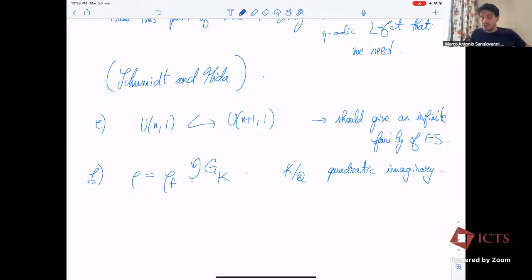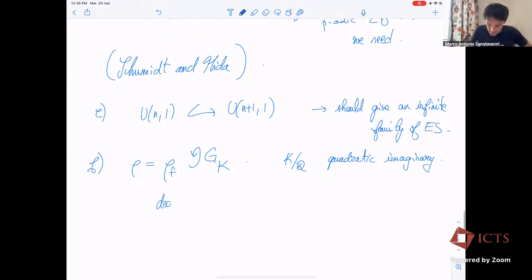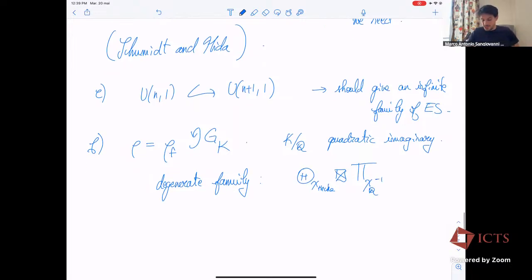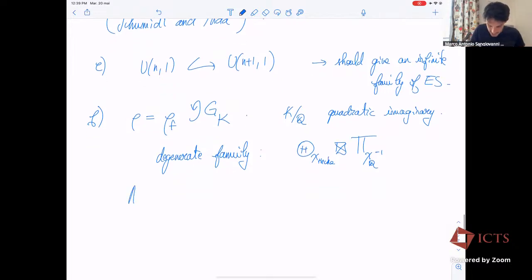And now the degenerate family of automorphic forms is a theta series. So theta of chi, a Hecke character of K, times my usual GL2 Eisenstein series. Again, the period integral is the Rankin-Selberg integral.